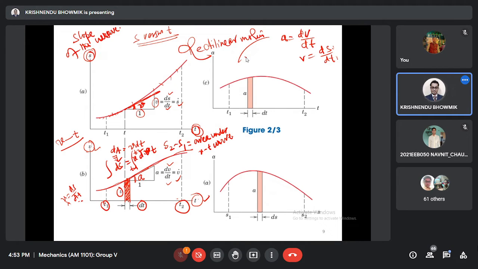Now, if I concentrate on acceleration versus S, this is one relationship. Say acceleration is a function of distance traveled, and this is the graph.